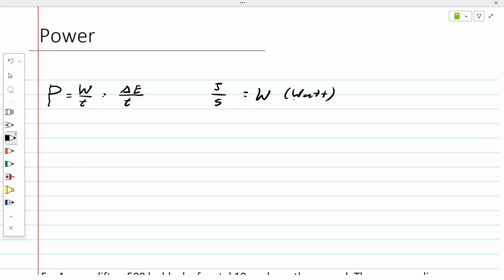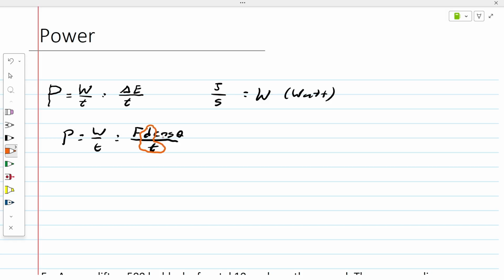So you may have heard like kilowatt or something. So that's what a unit of power is. And another way we can define power is, since we know power equals work over time, and work equals force times the distance, cosine of theta, over time, we have this distance over time piece right here.